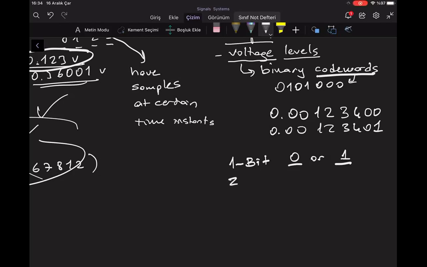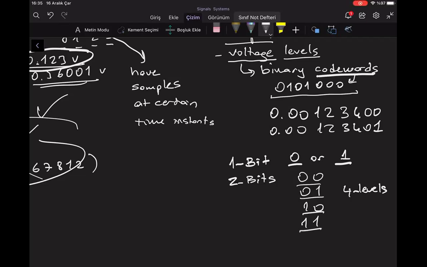If I have 2 bits to represent the voltage levels, then I would have 00, 01, 10, 11. That means now I have 4 levels. So that means I have 4 code words to represent that voltage level.